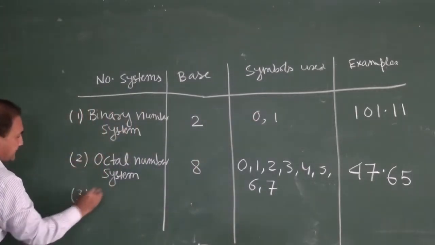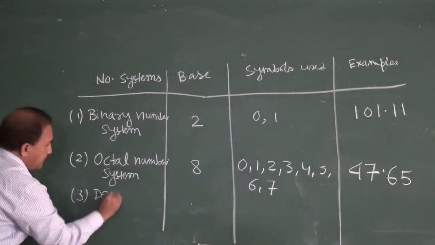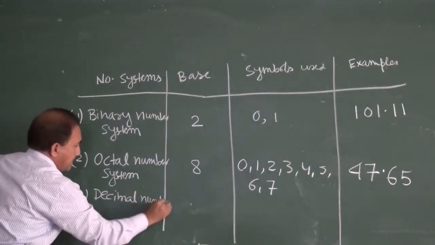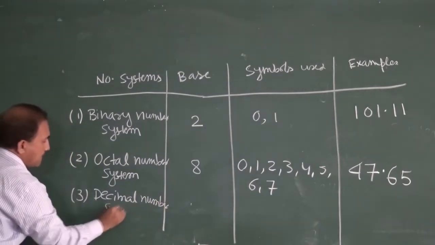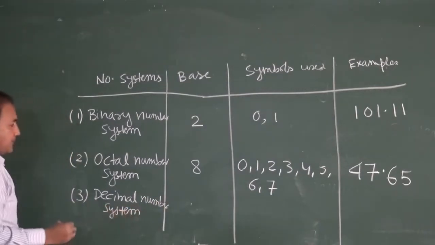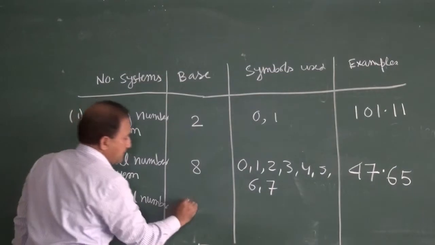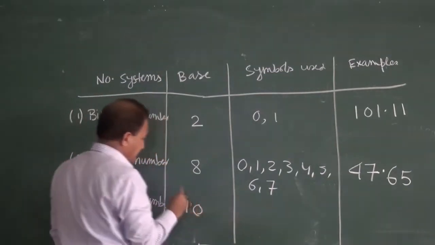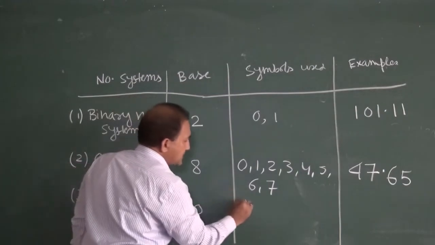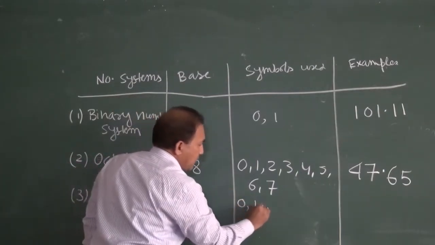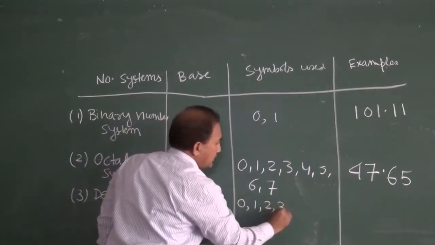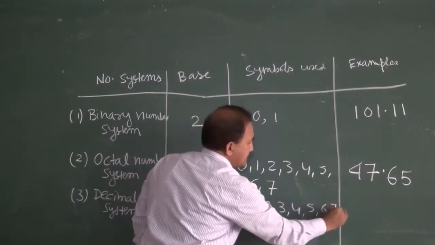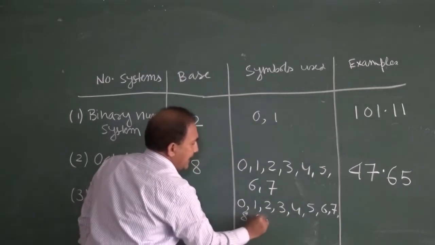Third one is decimal number system. In decimal number system, base is 10. You can represent decimal number system by using symbols like 0, 1, 2, 3, 4, 5, 6, 7, 8 and 9.